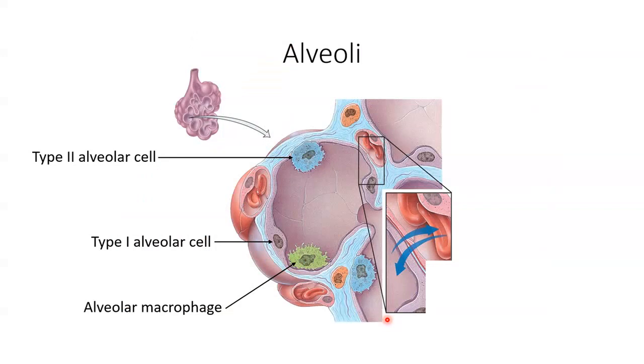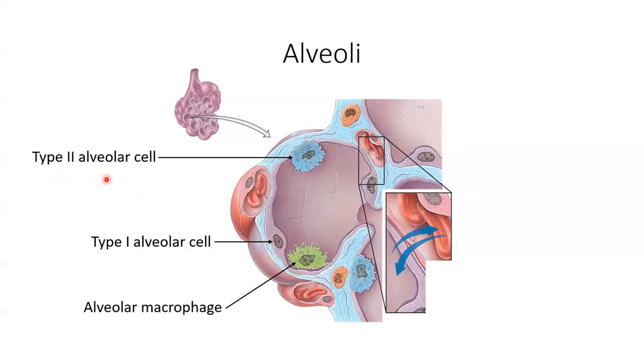But back to our alveoli, and the walls of the alveoli consist of two types of alveolar epithelial cells. We have the more numerous type 1 alveolar cells, which are simple squamous epithelial cells that we just talked about, that form a nearly continuous lining of the alveoli wall.